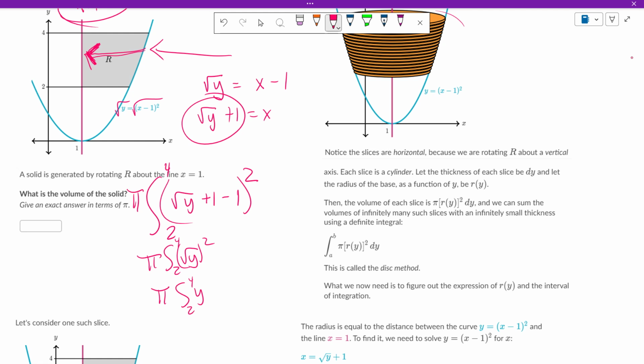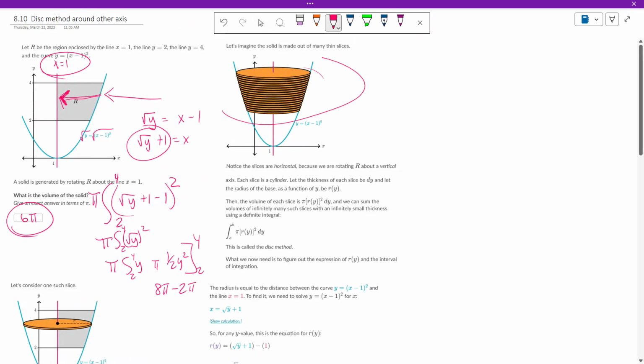What's the integral of y? 1/2 y squared from 2 to 4 with a pi on it. So put in the 4. 4 squared is 16. Half of 16 is 8. Put in a 2. 2 squared is 4. Half of 4 is 2. So we get 6 pi.